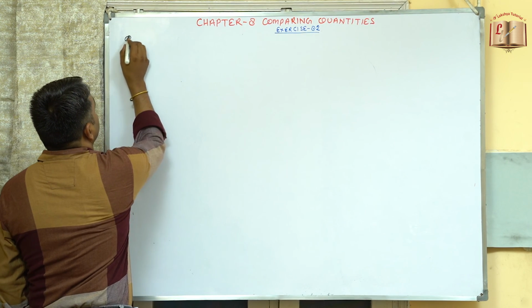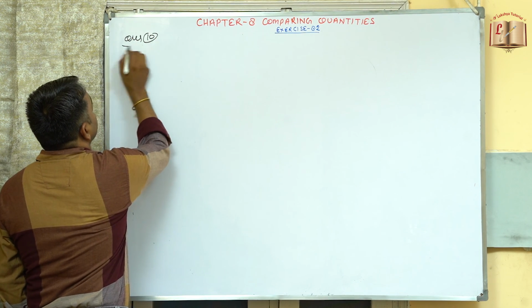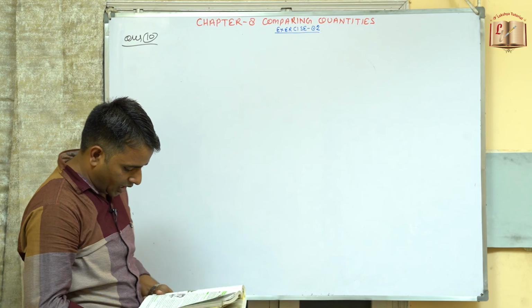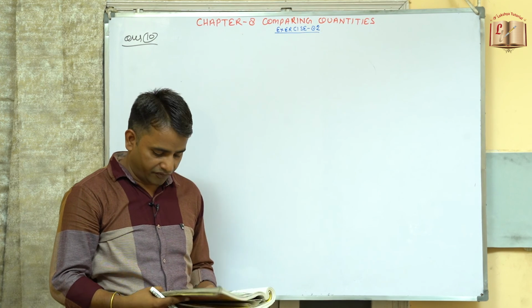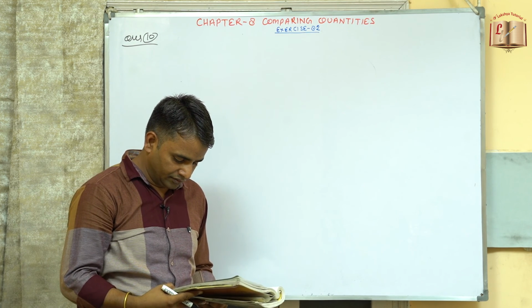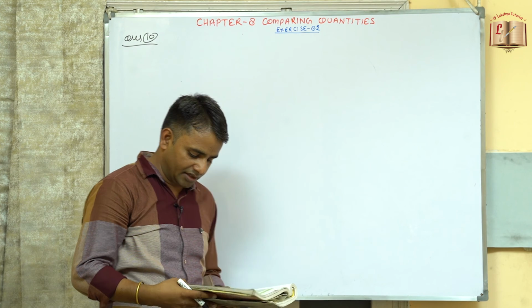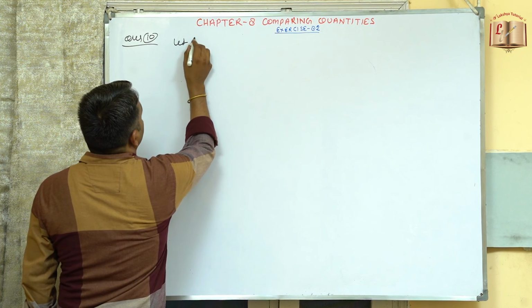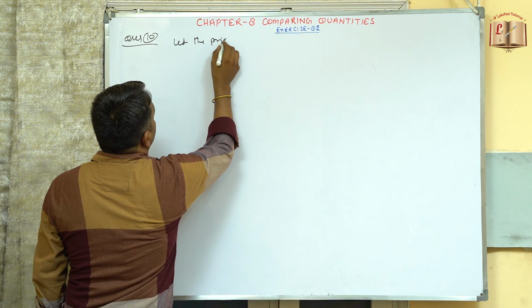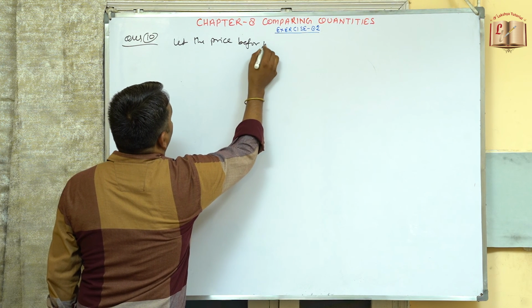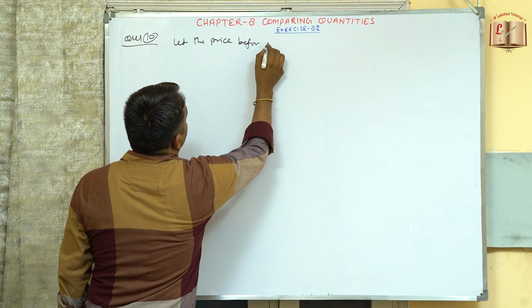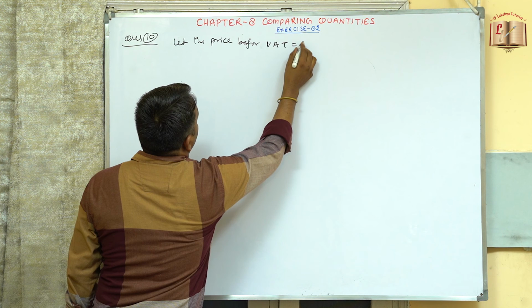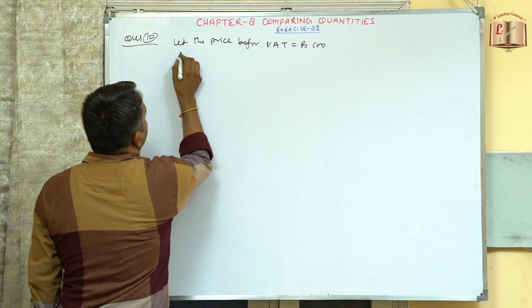So now coming to question number 10. I purchased a hair dryer for rupees 5400 including the 8% VAT. Find the price before the VAT was added. So let the price before VAT be equals to rupees 100.